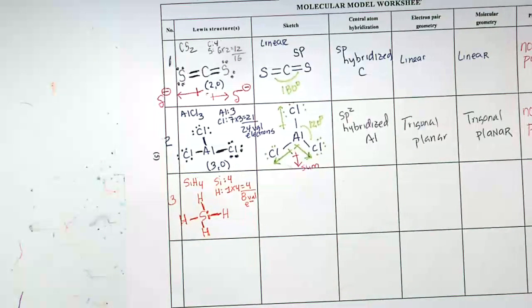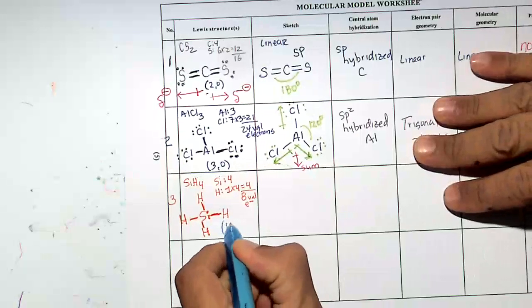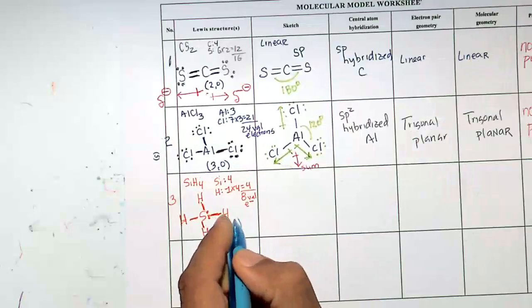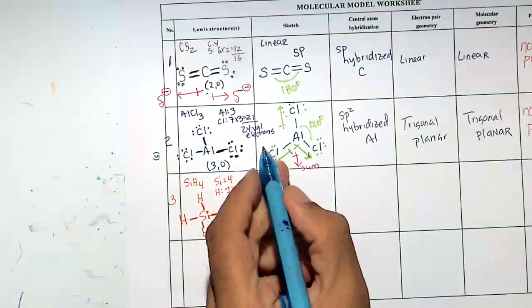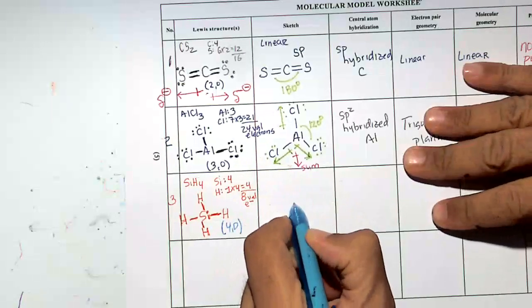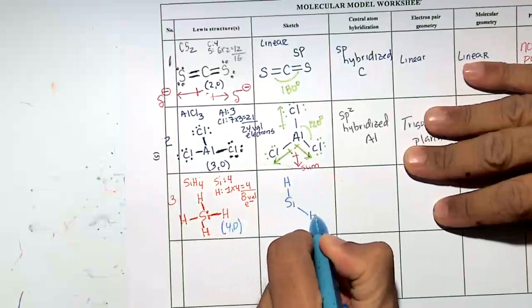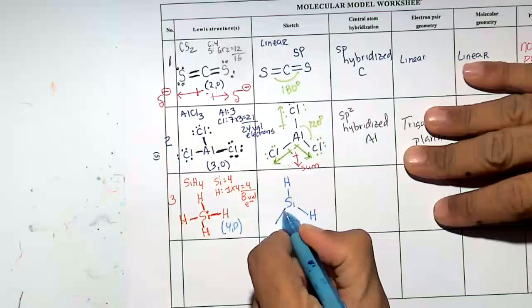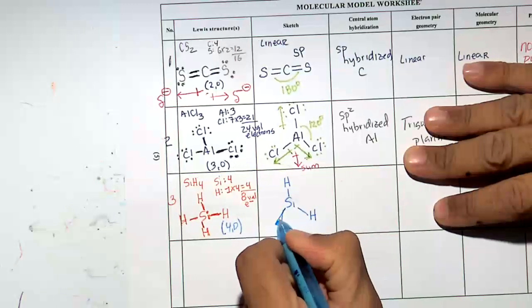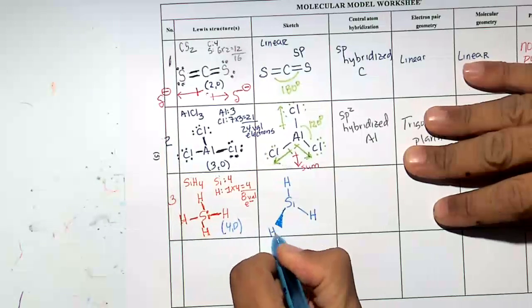How many bonding and how many lone pairs? 4 bonds, 0 lone pairs. So what's 4 bonds, 0 lone pairs? Okay. Tetrahedral. Do you know how to draw a tetrahedron? We did it in class. Just as you did for CH4, you'll do the exact same thing here.